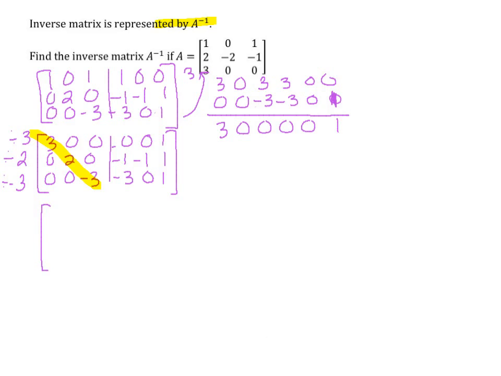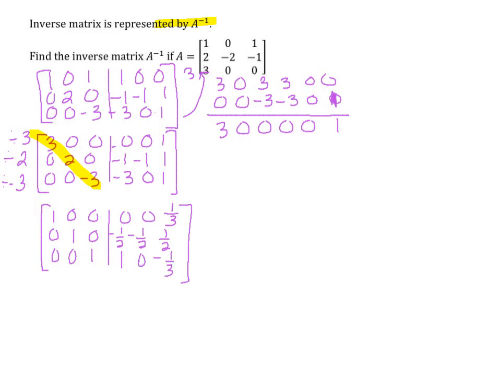This will get me 1, 0, 0, 0, 0. Well, 1 divided by 3 is 1/3. Then 0, 1, 0, -1/2, -1/2, +1/2, and 0, 0, 1, 1, 0, -1/3.